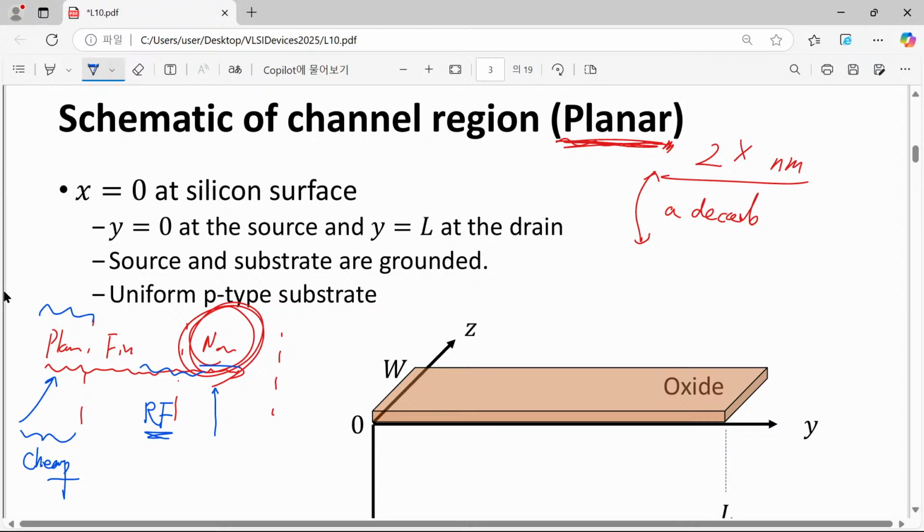For example, let's consider RF, radio frequency. In this case, maybe we can say that FinFET is much more advanced than planar MOSFET, so its RF performance would always be superior. But the reality is not so. The clear performance benefit shown in FinFET is dominant in digital applications.